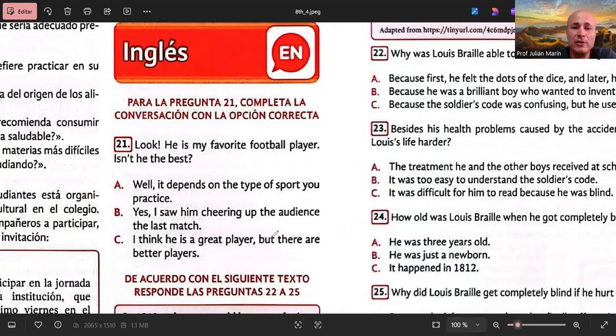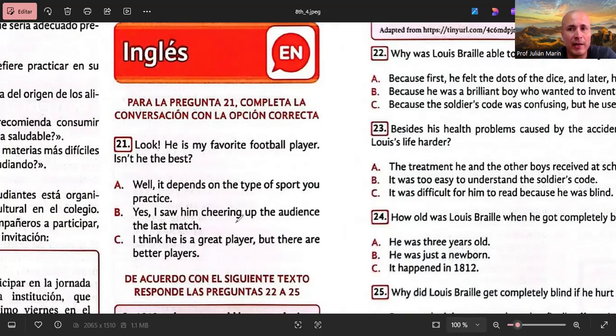B, yes, I saw him cheering up the audience the last match. So match, sports, audience, yes, but cheering up is not a football player technique. I mean, cheering up is more like his personality and his connection with the audience and the fans. If he has a good personality and a good connection, it is not related to his football skills.